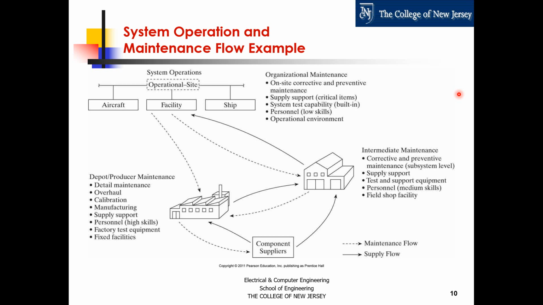Now, for some reason, part of the system is that it makes sense to have this intermediate maintenance facility. So we can say, well, in this intermediate maintenance facility, we're going to do corrective and preventive maintenance at the subsystem level. So now, the system at the site just says good, bad, replace this, replace that.